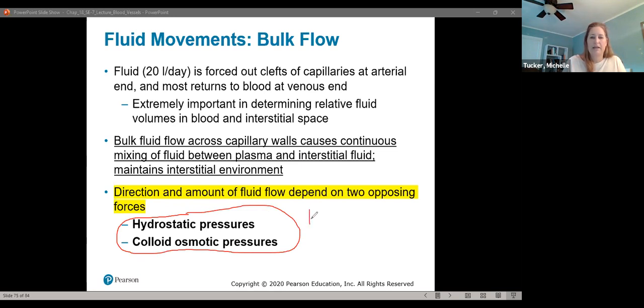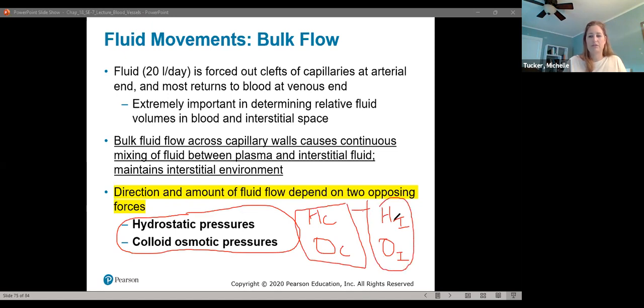There is a hydrostatic for the capillary, a hydrostatic for the interstitial fluid, an osmotic for the capillary and an osmotic for the interstitial fluid. Because we are looking at the movement between capillary and interstitial, each location has a hydrostatic and an osmotic.